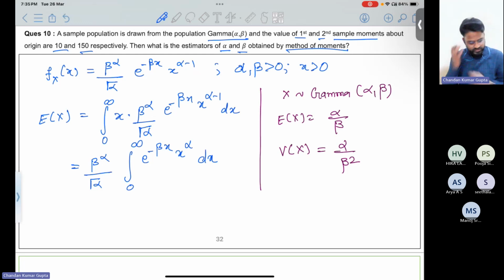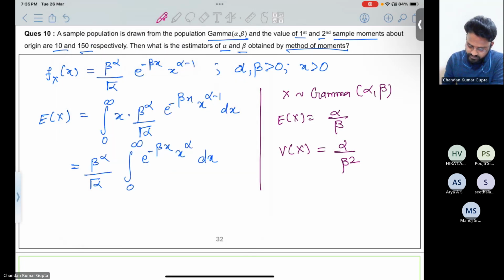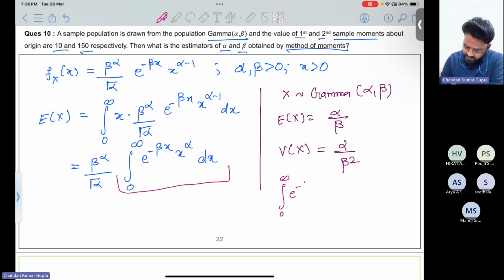It is beta to the power alpha upon gamma alpha times the integral, and it is our gamma function: integral from 0 to infinity of e to the power minus beta x, x to the power alpha dx.